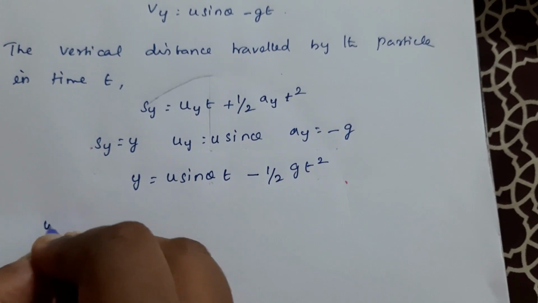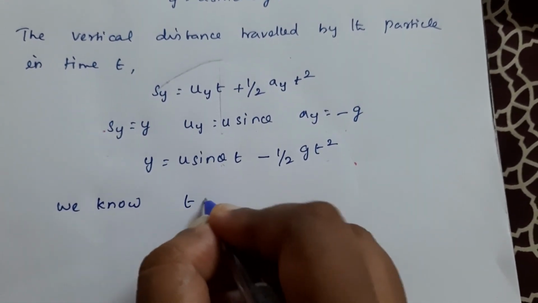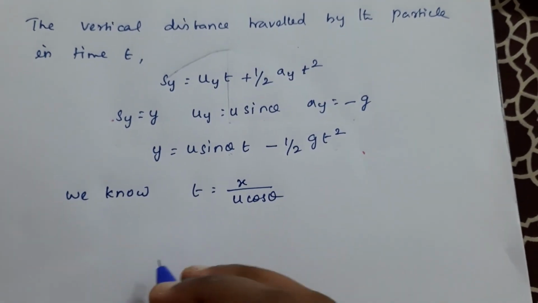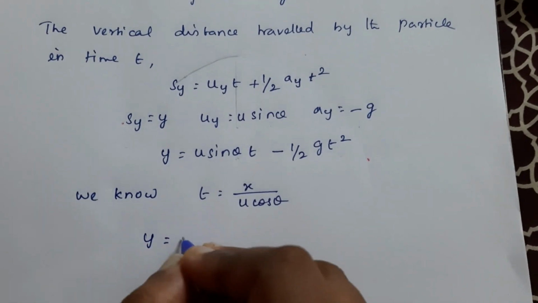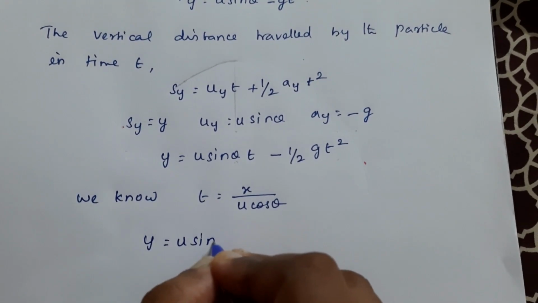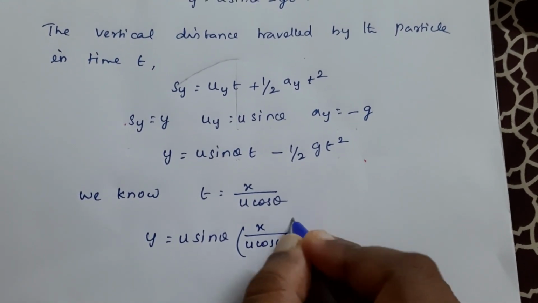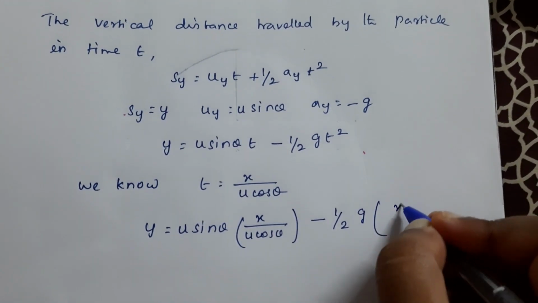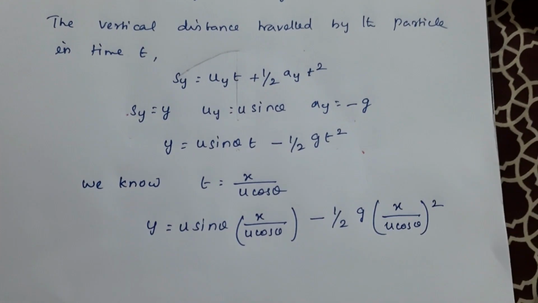Now we know from the previous equation t is equal to x by u cos theta. I am going to substitute this here. So y is equal to u sin theta into x by u cos theta minus 1 by 2 g into x by u cos theta the whole square.